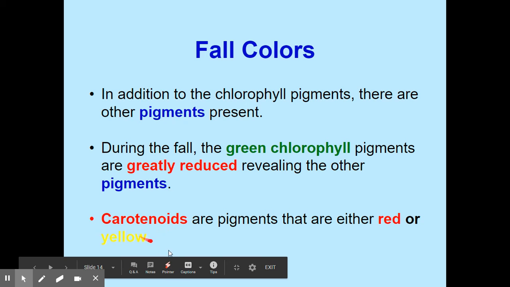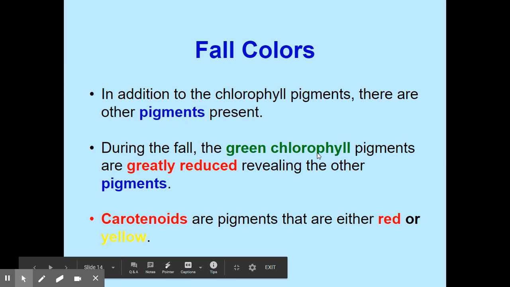So carotenoids, some plants actually have red and yellow leaves by default, right? And so that should inform you that there are more carotenoid pigments produced in those leaves than chlorophyll. But they work just the same. They absorb certain wavelengths of light to help it go through photosynthesis.